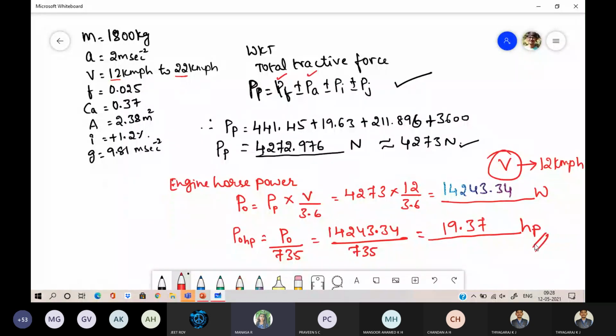So this completes the problem. First problem is over. Is it simple? Yes, sir. Is it simple or any complication in this problem? Okay.